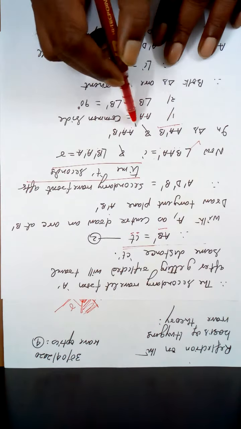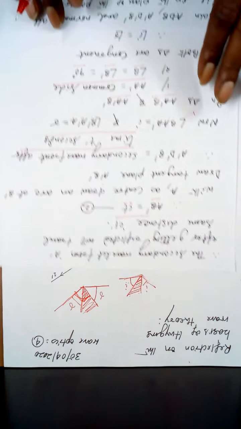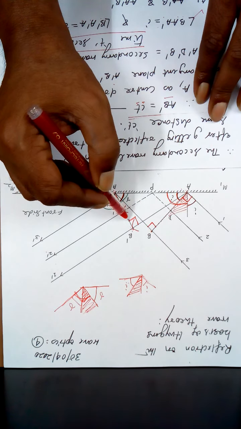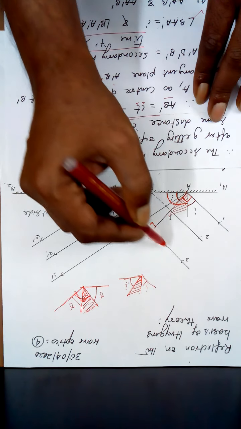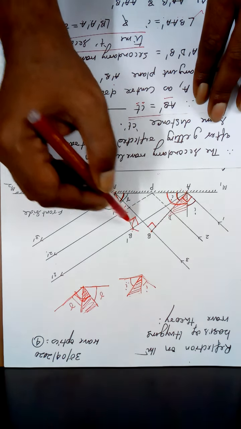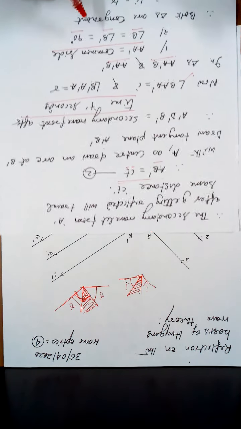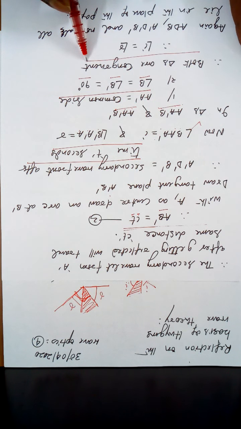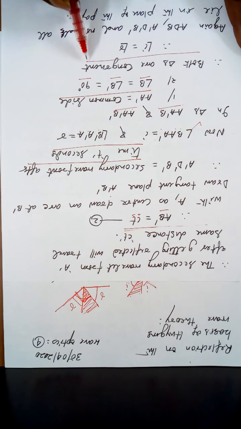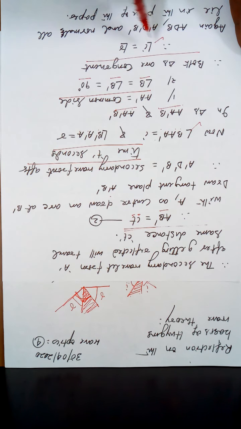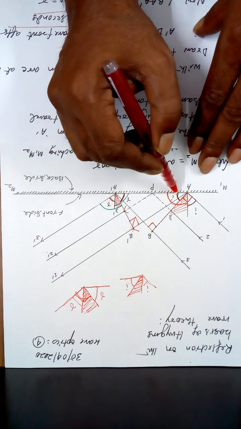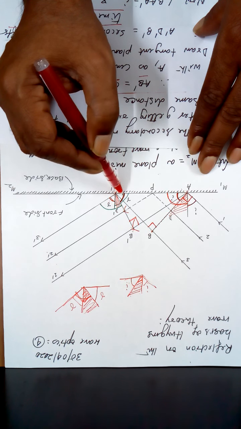Angle B is equal to angle B dash, that is equal to 90, because this wavefront is normal to the ray. Therefore both the triangles are congruent. Congruent means exactly identical, their areas are also equal. Therefore angle I is equal to angle R.